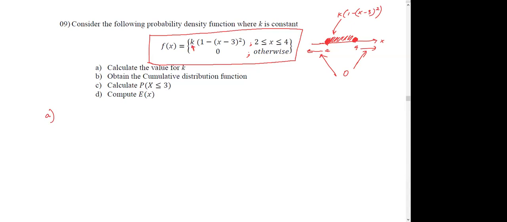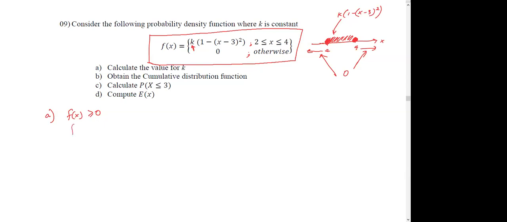Before you do that, let me remind you of the conditions a continuous function should satisfy, which means the properties. Do you remember these for probabilities? The function f(x) is greater than or equal to 0.